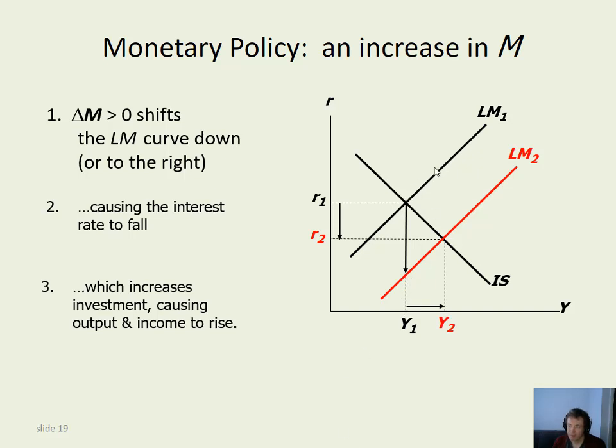As interest rates fall, that causes an increase in investment, which means you move along the IS line.